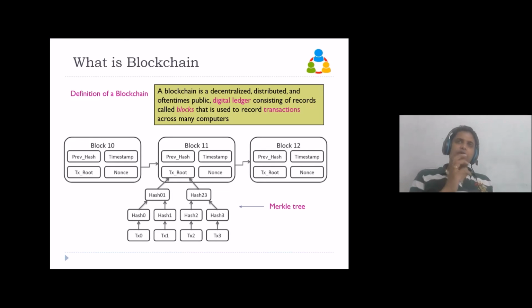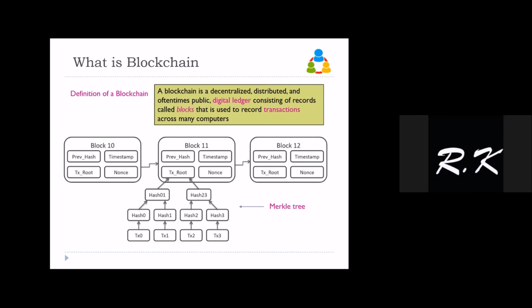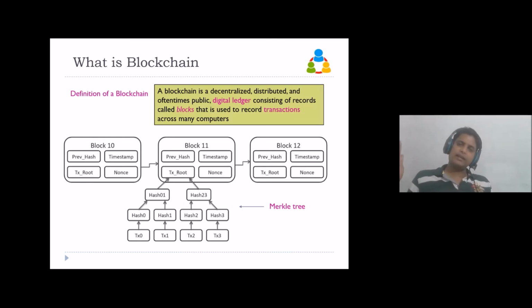So in order to match that, you will have to modify block number 100, block number 101, 102, like that. You will have to recompute the whole set of hashes from block number 100 to block number 2 lakh. The moment you modify all the data, then only you will be able to form the chain. Block 101 should be connected to 102, 103, 104, like that.